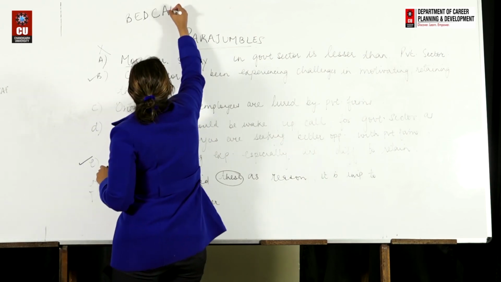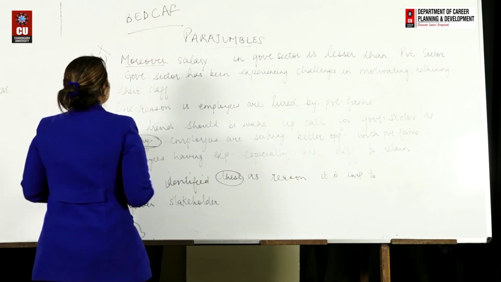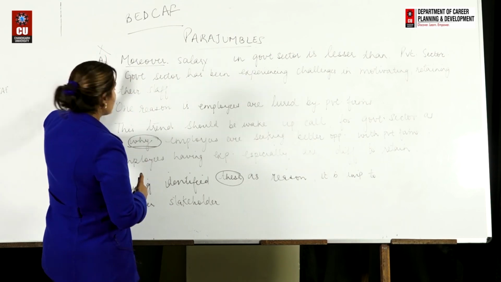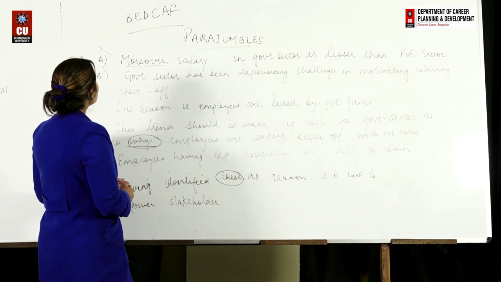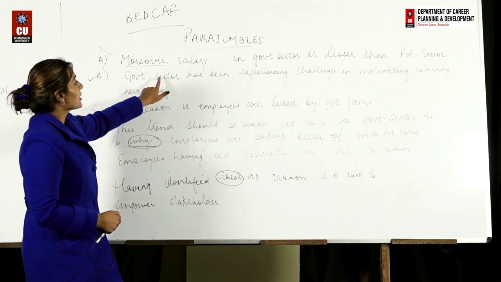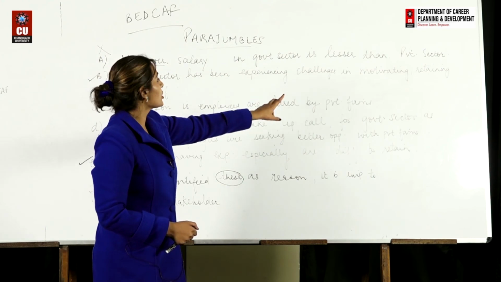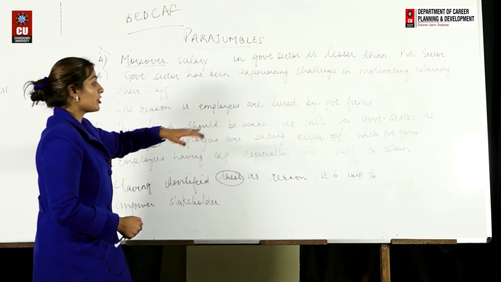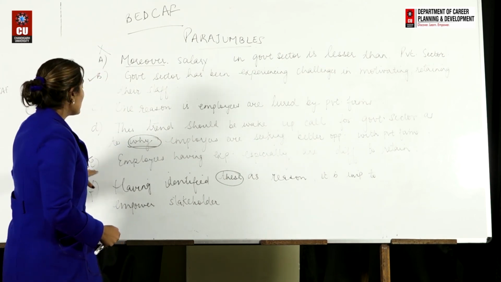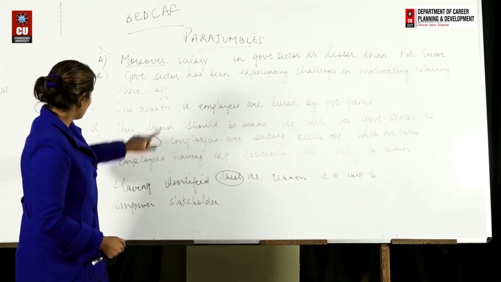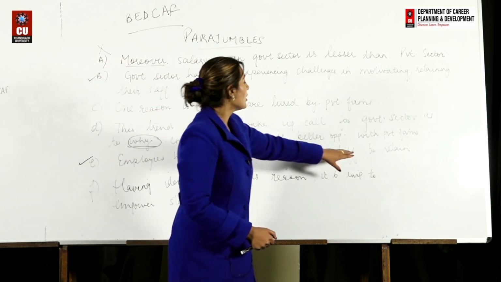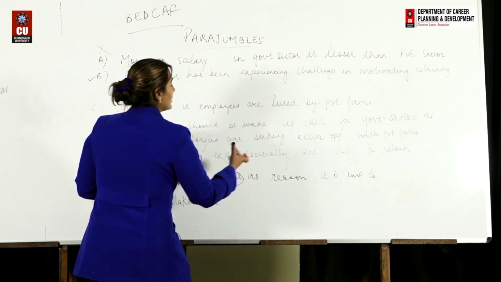So, we'll go in for F. So, if I look at it, let's put that into sequence for your understanding. First one is B. Government sector has been experiencing challenges in motivating, retaining their staff. E. Employees, their staff, employees having experience especially are difficult to retain.